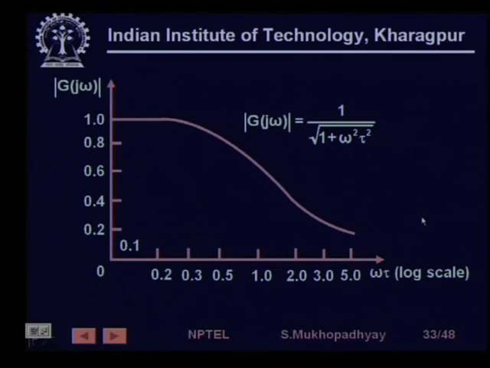On the other hand, as the input frequency increases, before the output of the instrument can really rise, the input changes. So the output of the instrument can never rise enough, and therefore the gain falls. So this is the frequency characteristic of an instrument.